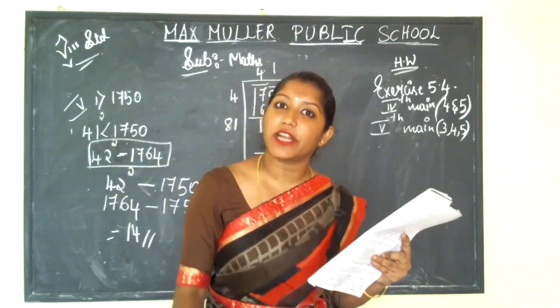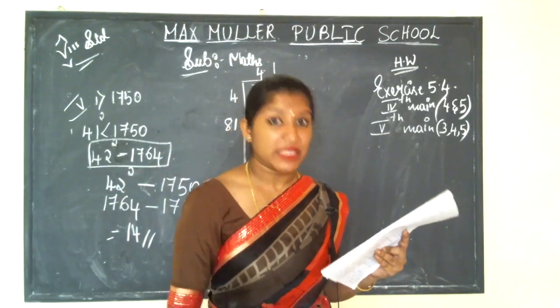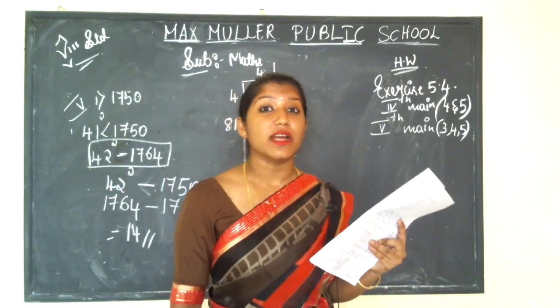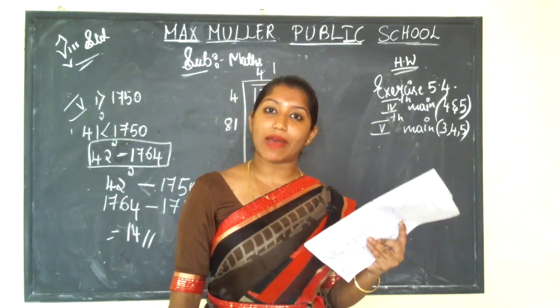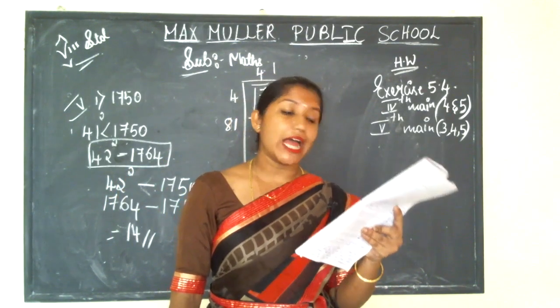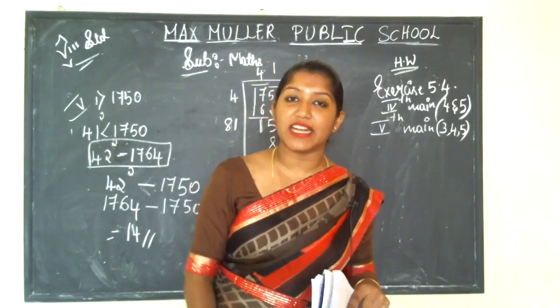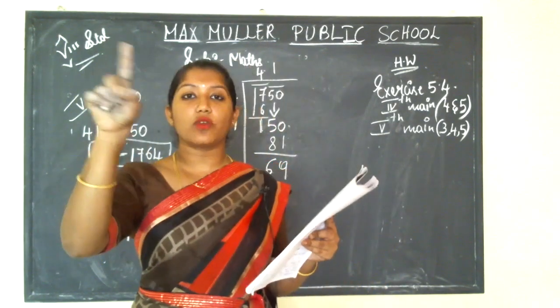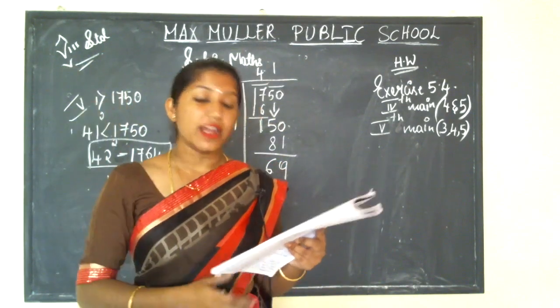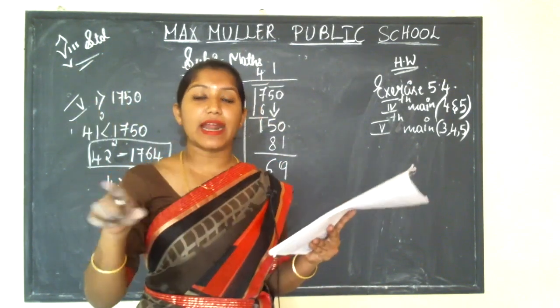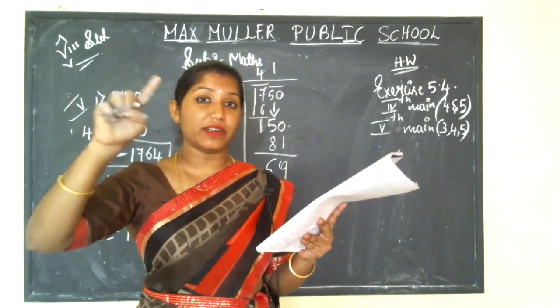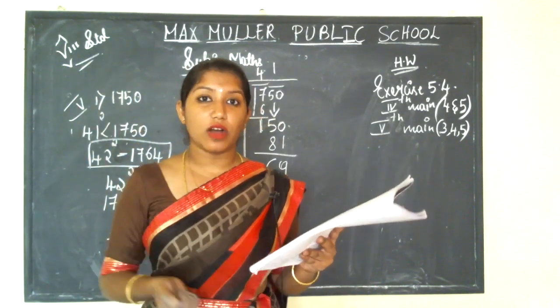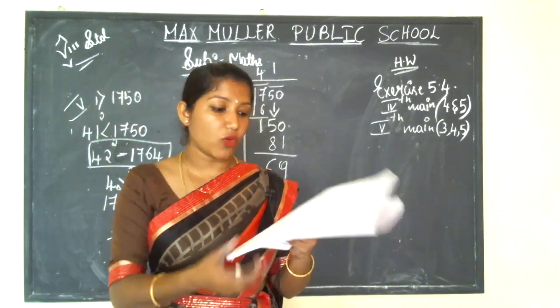I have already explained this problem, same concept as the example problem. So you have to do this on your own. You know, side of the square, side into side. So square root of 441, it is 21. You can write it, and you have to find it by the division method also. You can do that on your own.